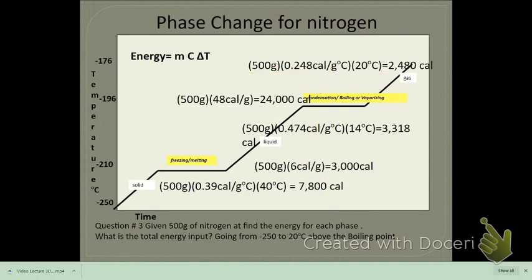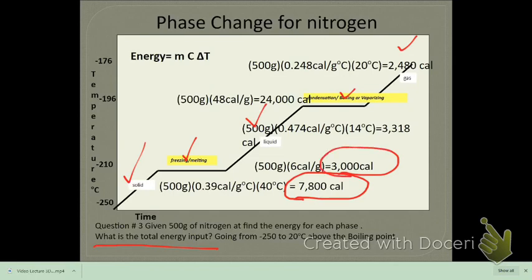Okay, so I've heated my solid, melted my solid, heated my liquid, boiled my liquid, heated my gas. My question now is, what is the total energy input? Well, the total energy input is going to be adding all of these together. So clear your calculator, put in 7800 plus 3000 plus 3318 plus 24000 plus 2480.